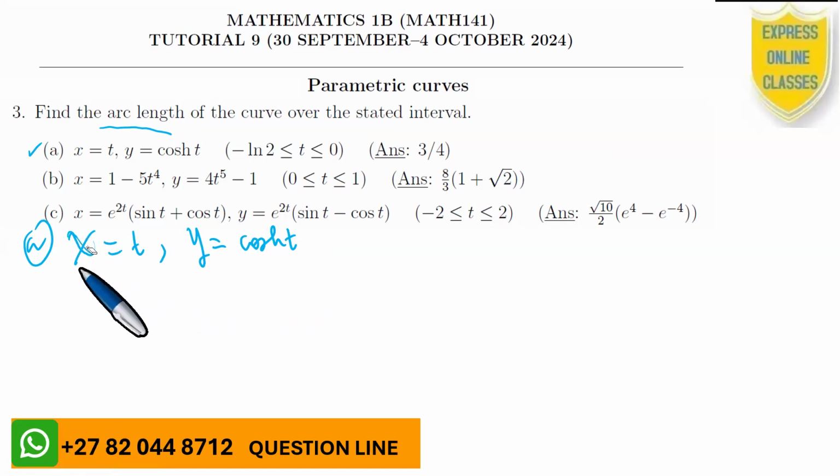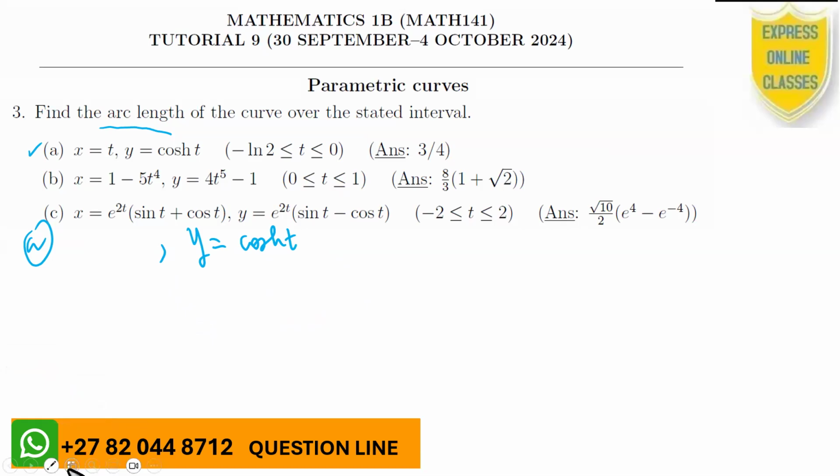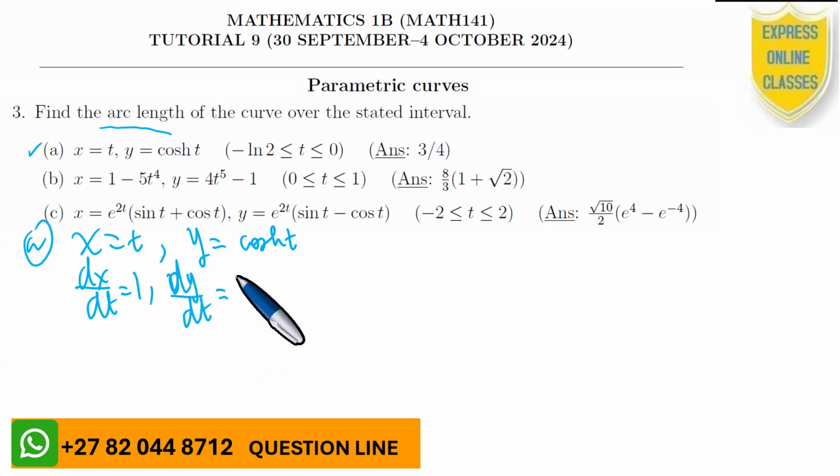So our x is clearly t. Let's find the derivative: dx/dt is 1, and dy/dt is the hyperbolic sine of t.